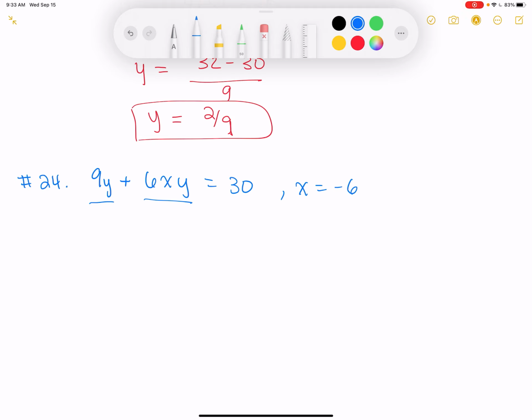Like one of those properties, maybe. Oh, factor. Take a y out of both pieces, so y times (9 plus 6x) is equal to 30.